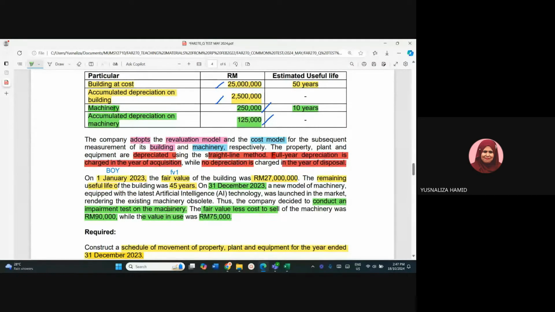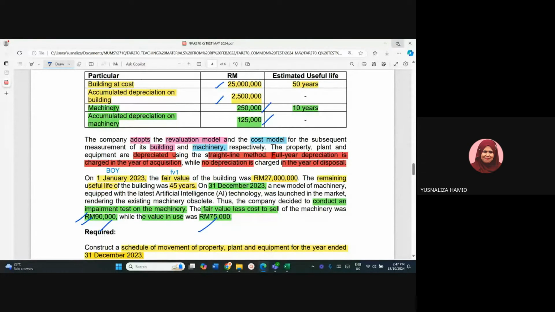Remember I mentioned that recoverable amount is the higher of the fair value less cost to sell, 90,000, and the value in use, 75,000. If you compare between these, your recoverable amount would be 90,000. That is what you are going to use, which later will need to be compared with the carrying amount. Then you need to do some entries on impairment loss, and that will have to be reflected in the notes.